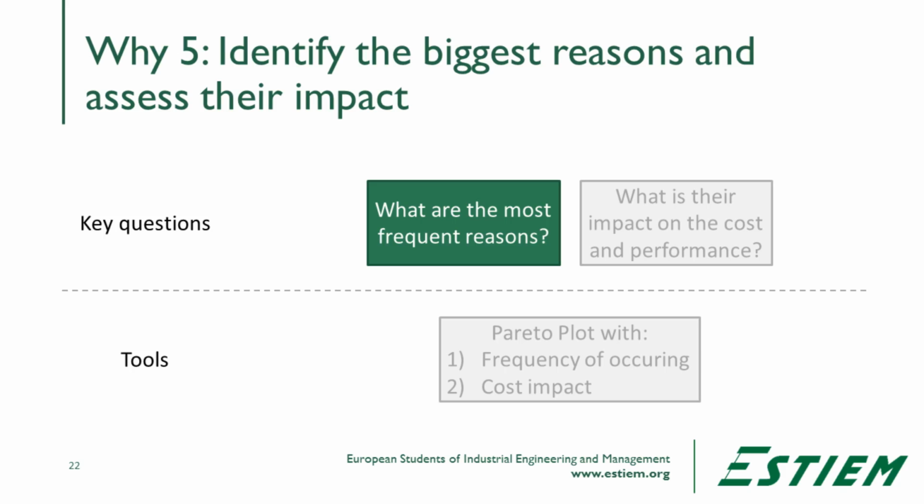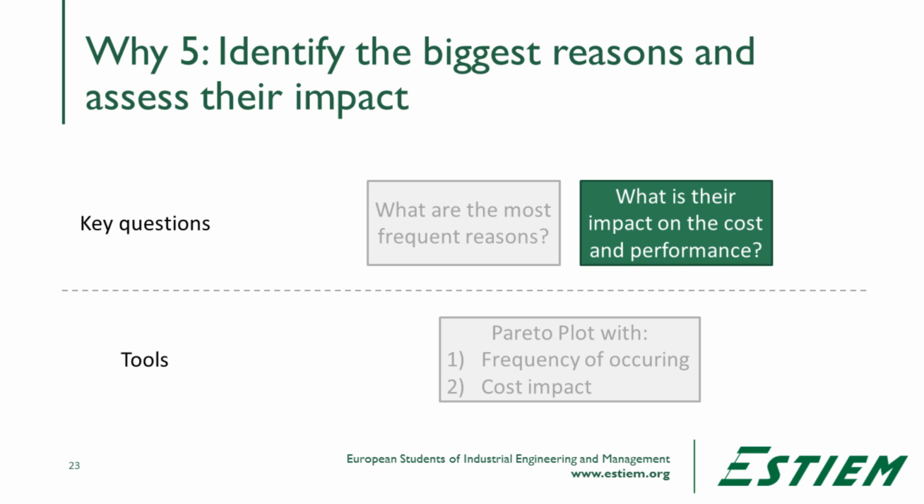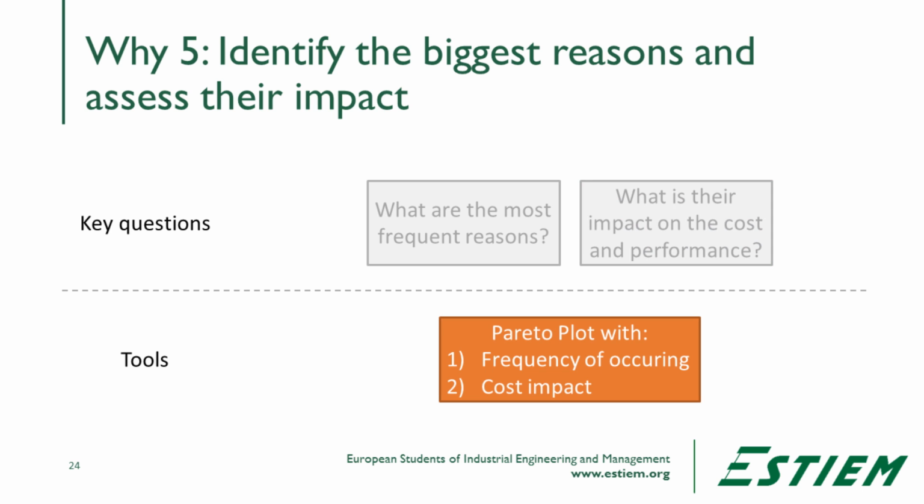The last type of why that we're looking at here is to determine what are the most frequently occurring reasons and assess those reasons in terms of their impact on cost and performance of the process. So why is this costing the process performance? And here we can take a look at a Pareto plot using frequency of occurrence and cost impact.